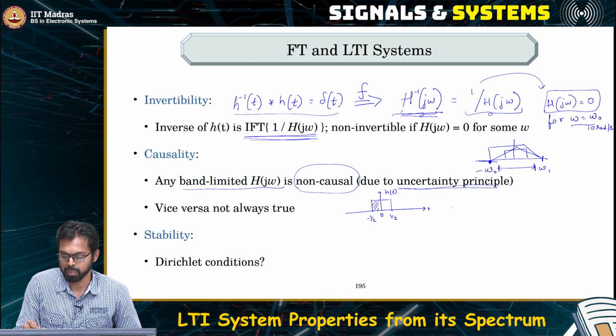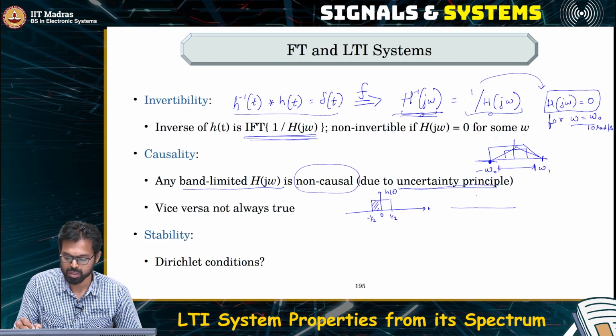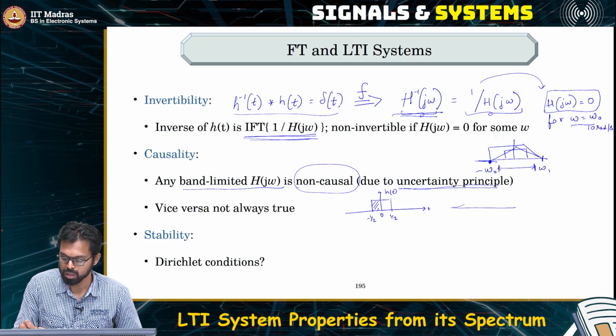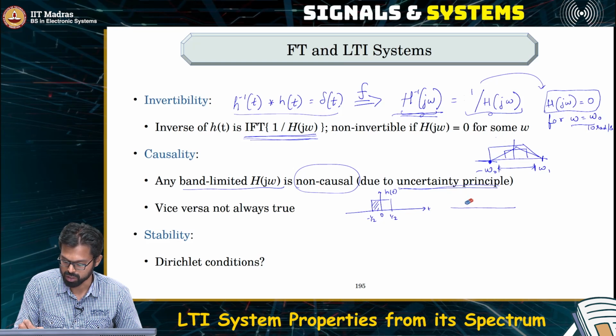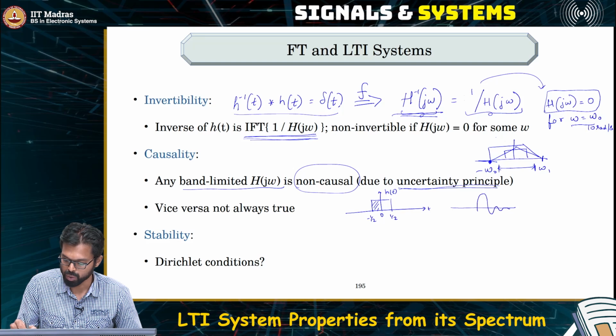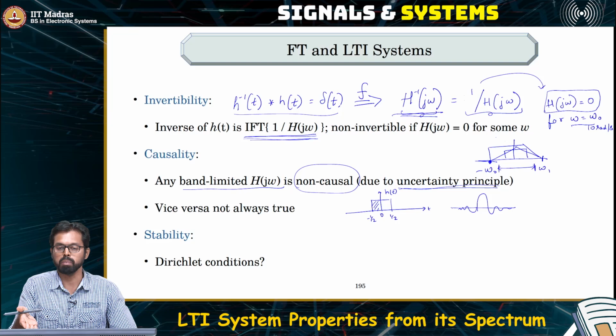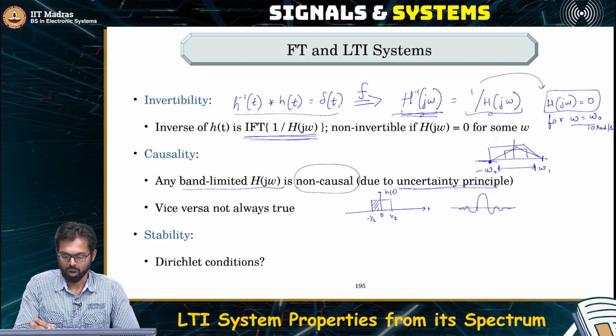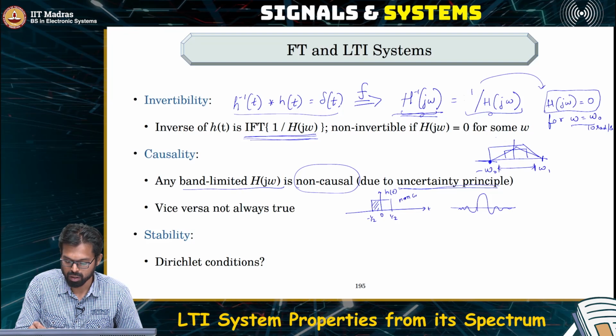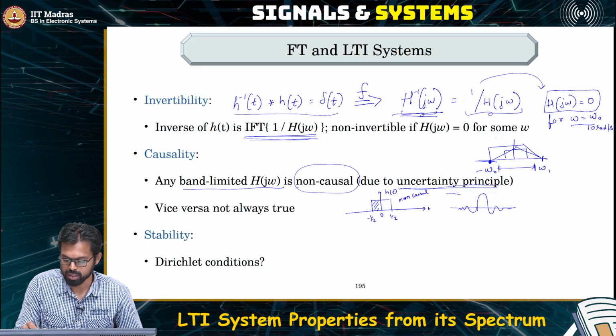If you find its spectrum, the spectrum is going to be the sinc function, which means it's going to extend from minus infinity to plus infinity. Clearly this is not band limited. So a non-causal signal here has infinite bandwidth.